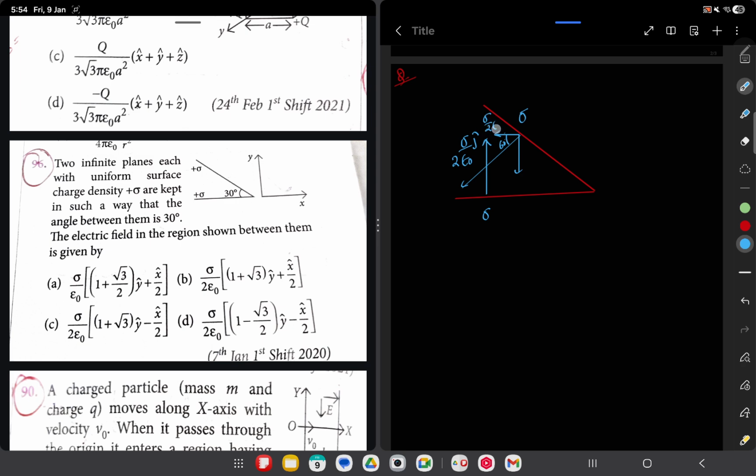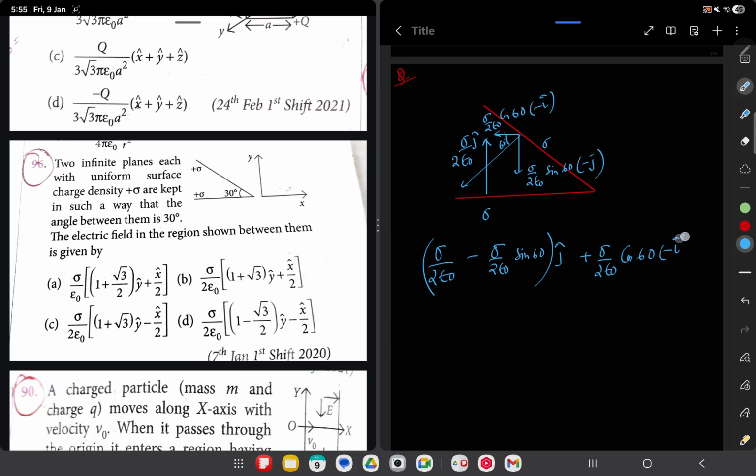So sigma by 2 epsilon naught cos 60 minus i cap, sigma by 2 epsilon naught sin 60 minus j cap. So the resultant field is sigma by 2 epsilon naught minus sigma by 2 epsilon naught sin 60 j cap, cos 60 minus i cap.